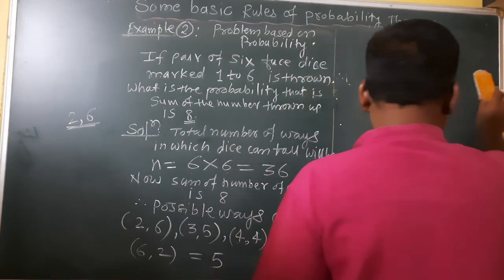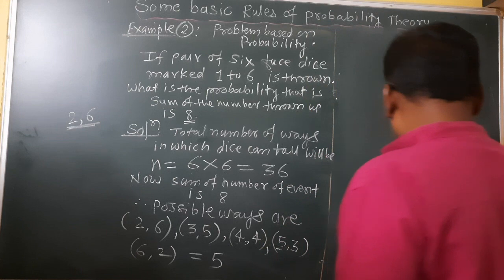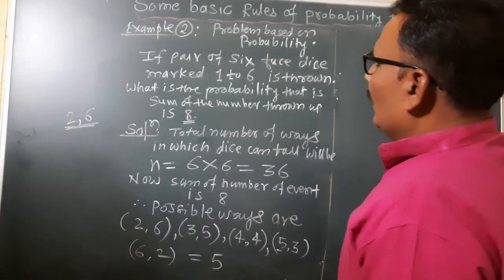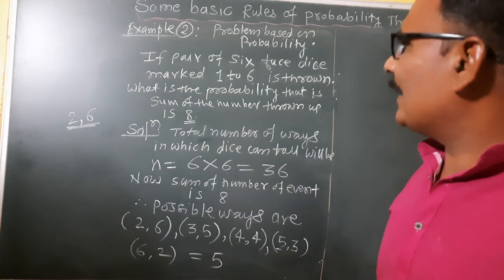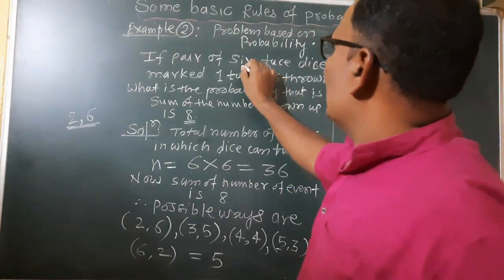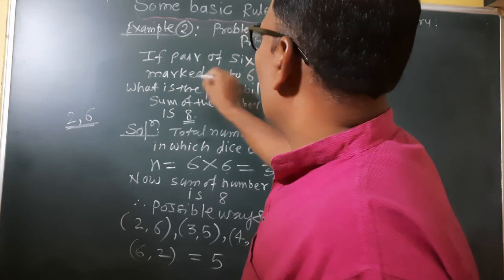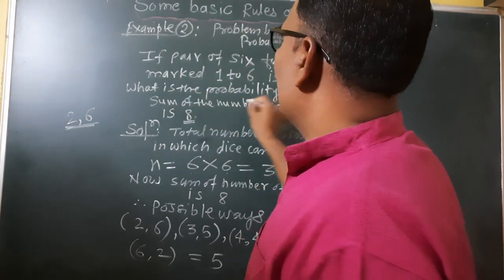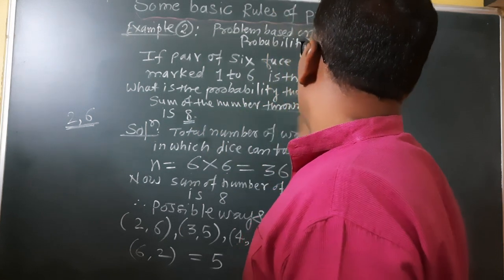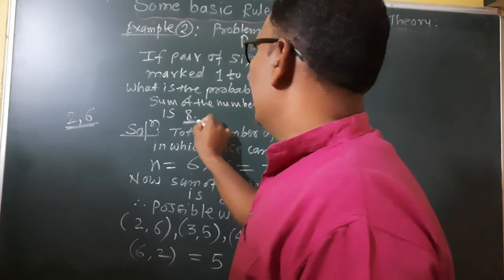Sum of the numbers on two independent dice, a problem may be asked on that. If a pair of 6-faced dice marked 1 to 6 is thrown, what is the probability that the sum of the numbers thrown up is 8?